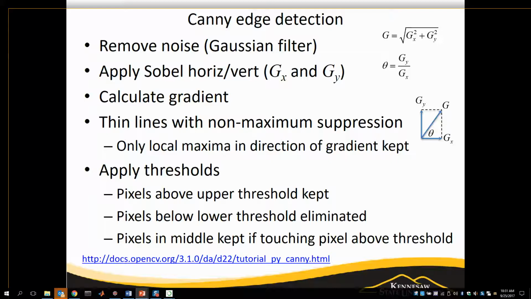Okay? So that allows some things below the upper threshold to be considered edges as long as they're continuing something that's already strong. So it allows you to be able to follow lines. You know there's something strong, and you can follow that line wherever it leads until you get below that lower threshold, and then you say, hey, well, enough is enough.